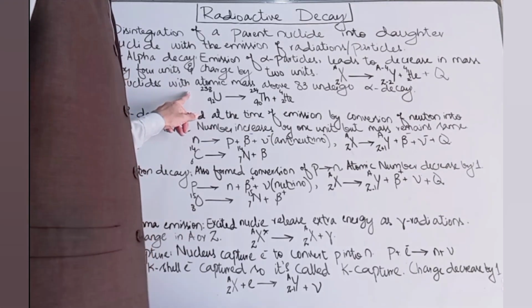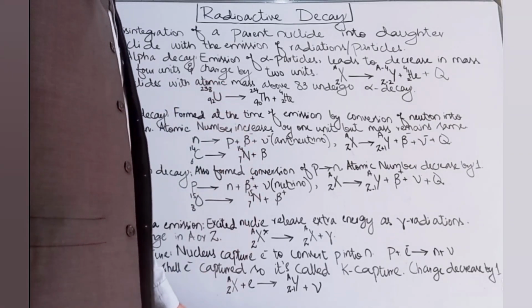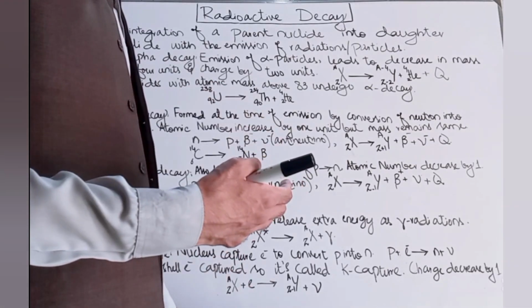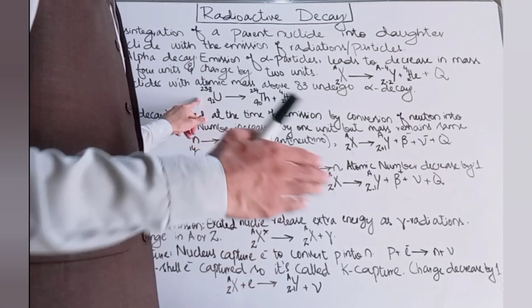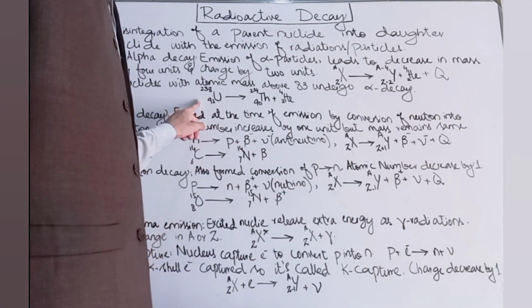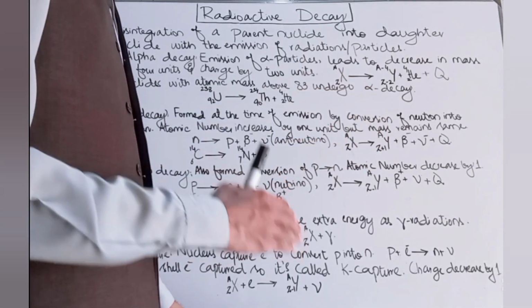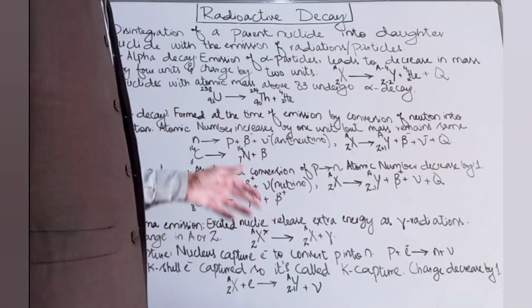Nuclides with atomic mass above 83 undergo alpha decay because alpha particles are highly massive particles. So the nuclei that have large atomic mass or atomic weight undergo alpha decay to decrease their atomic mass in order to gain maximum binding energy.